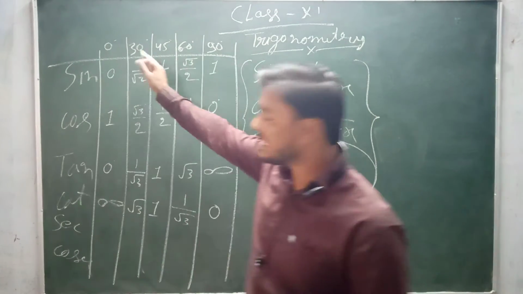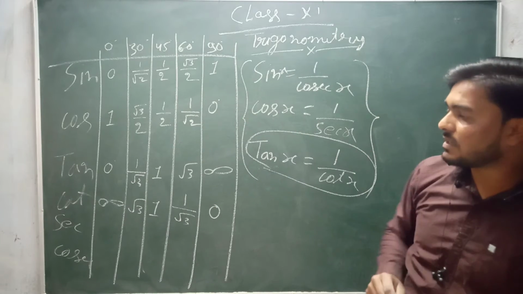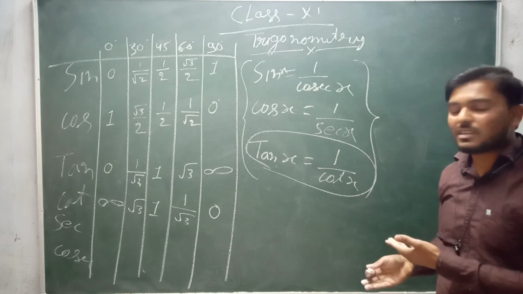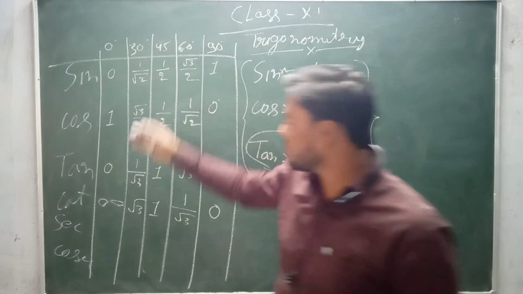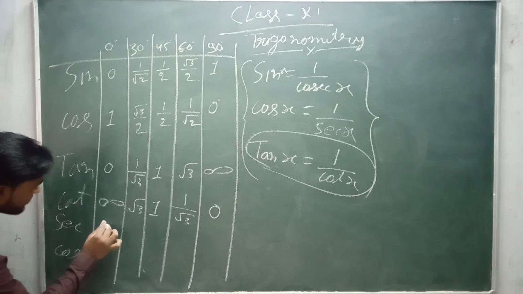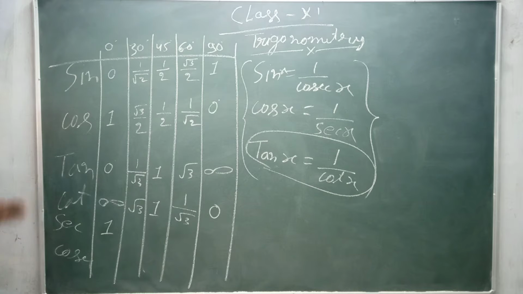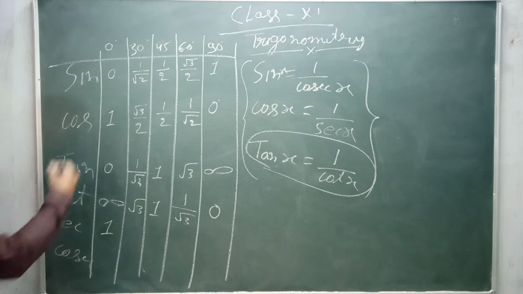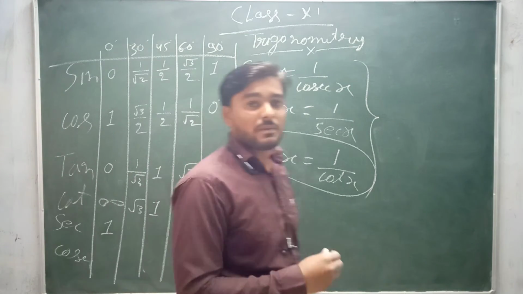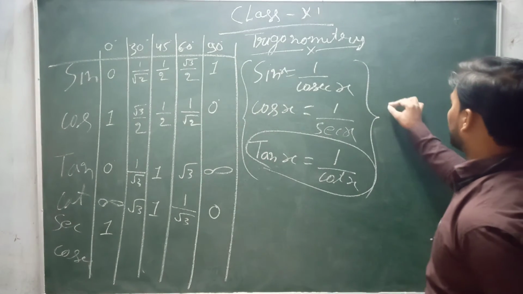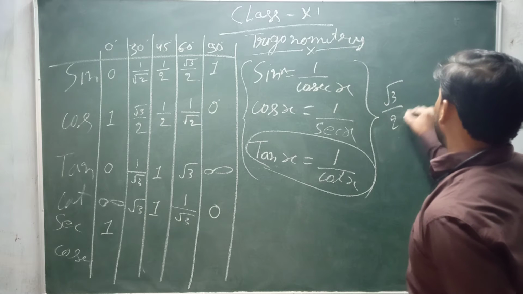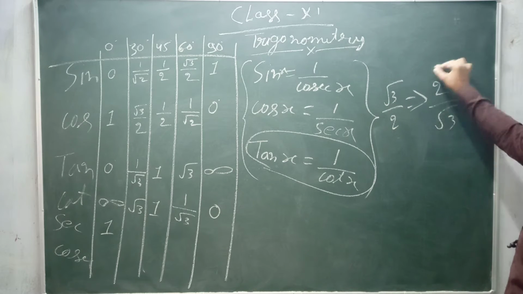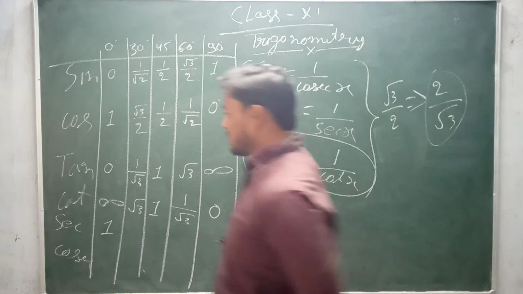Now cos 0 is equal to 1, and the reciprocal of 1 is 1, so sec 0 will be 1. Now cos 30 value is root 3 by 2, so sec 30 will be the reciprocal, 2 by root 3.